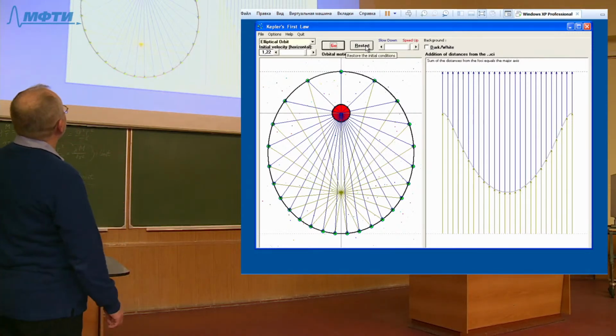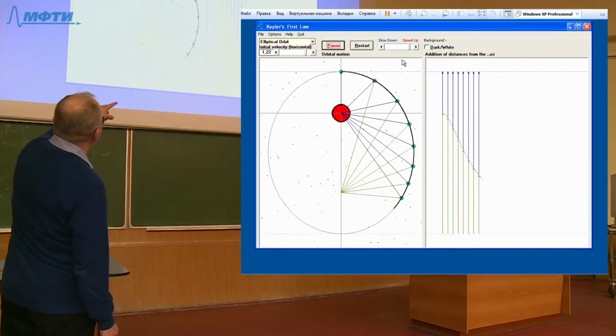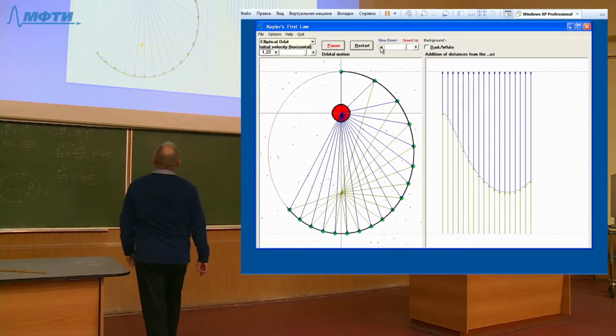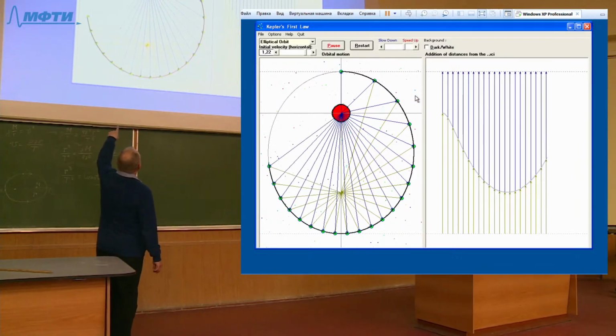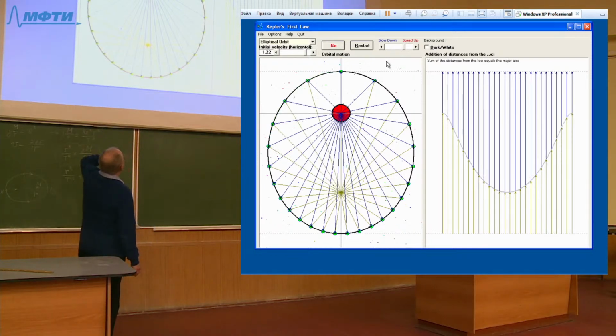Note that the initial velocity is large, and then here the velocity is smaller, so that the area swept by the radius vector is the same if we measure this area during equal time intervals.